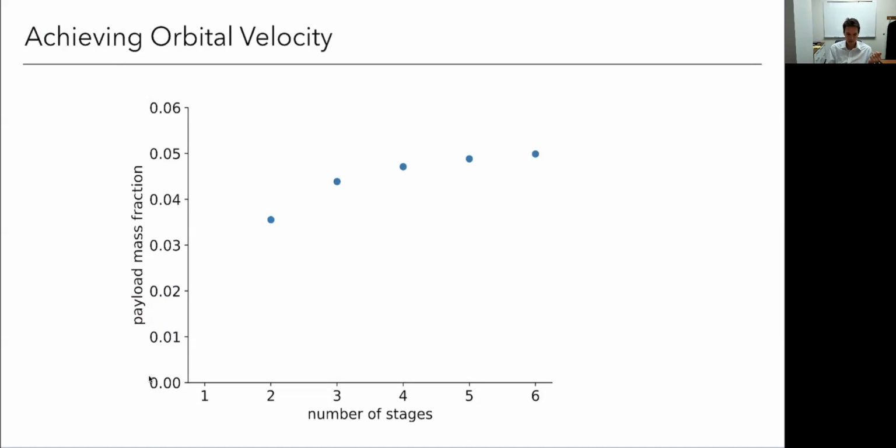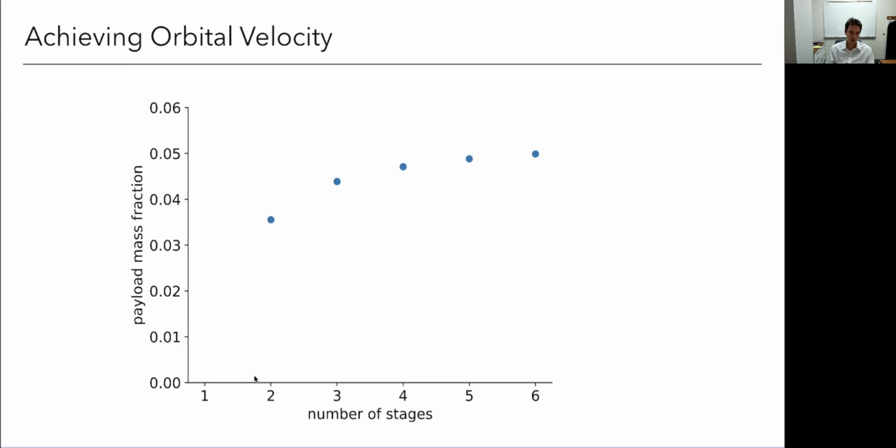So if we make those assumptions and we do this optimally, this is what happens. Notice that for one stage, the y-axis is telling us how much payload we can carry out of a rocket. For one, you'll notice there's no dot. What that's saying is we can't do it. If we want to get to low Earth orbit, it's impossible even with some of our best propellants and a 90% propellant rocket.